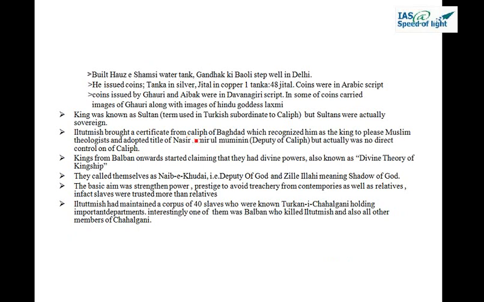The Khalifas are the spiritual leaders of Islam. So he obtained a certificate from the Khalifa of Baghdad, which recognized him as the king, to please Muslim theologians or the Muslim extremists, and he adopted the title of Nasir Amirul Mu'minin, that is, the deputy of the Khalifa. But actually there was no direct control of the Khalifa on the politics of India. It was solely in the hands of Iltutmish.